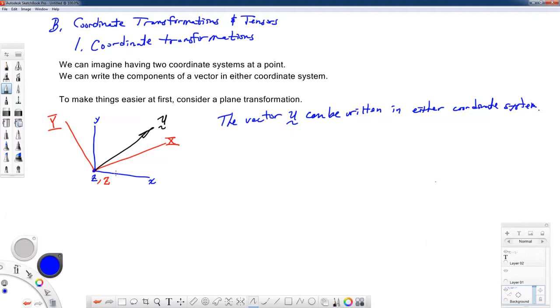So as we had talked about at the very beginning of the semester, we have unit basis vectors, and we're going to call this e hat 1 and e hat 2 in the little x and y system, and we can call the unit basis vectors in the capital X and Y system, let's just call it capital E hat 1 and capital E hat 2.